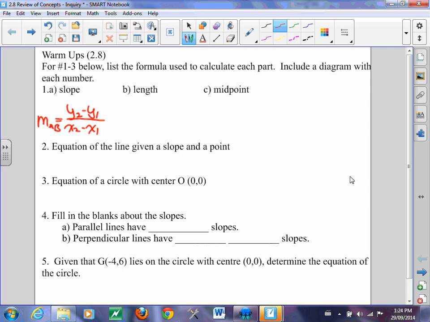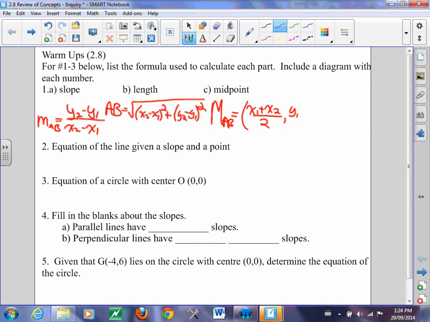Length, hopefully you've got these memorized now, folks: the square root of x2 subtract x1 squared plus y2 subtract y1 squared. And midpoint is capital M, AB: x1 plus x2 divided by 2, comma, y1 plus y2 divided by 2.